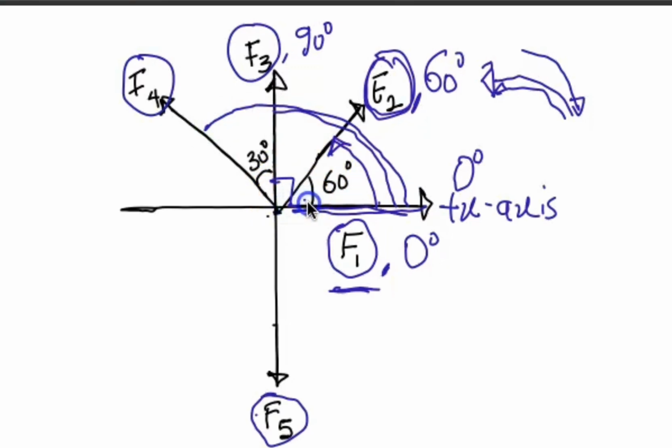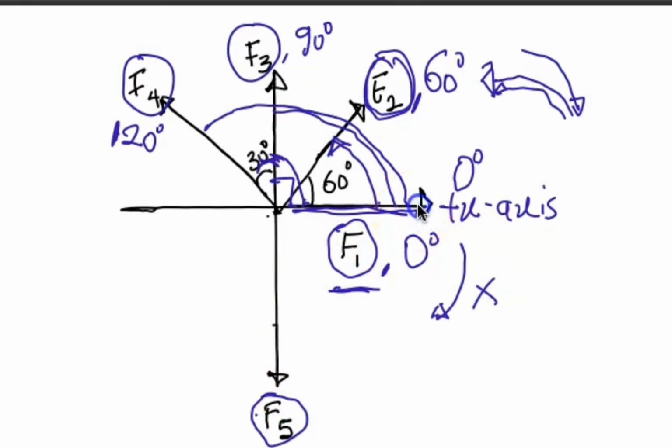So from here to here is 90. Then from this point to this point is 30. So 90 plus 30 will give us 120. So F4 is making an angle of 120 degrees to the positive x-axis. Remember, you are going anti-clockwise. Don't ever attempt to go like this. This is wrong.